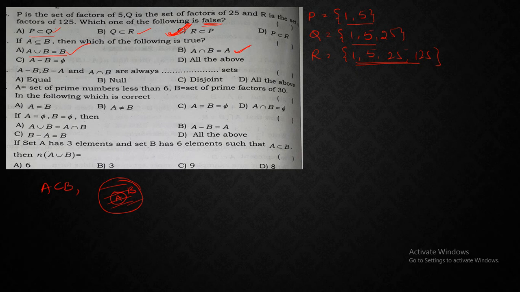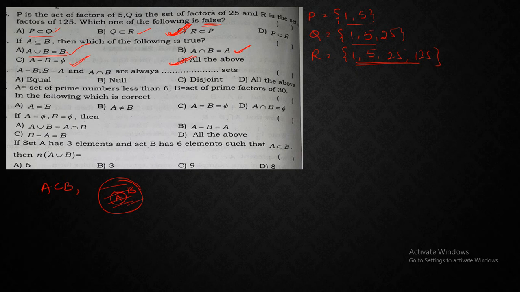Next, A minus B is equal to 5. From A, if you remove B, since A is a smaller set, when you remove all the elements of A from B, then automatically you are going to get 5. So from this we can say all of the above. All three options are correct, right?